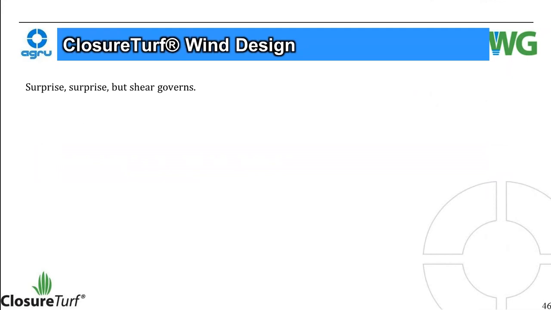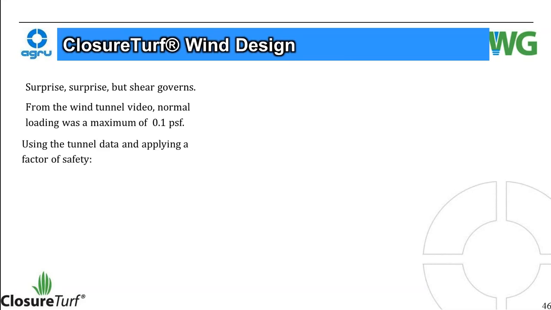Actually, shear governs, not uplift. They measured developed shear force during that wind tunnel test. As you saw, the normal loading was a maximum of 0.1 pounds per square foot. By normal, I mean uplift.